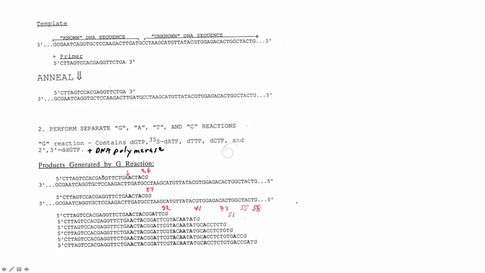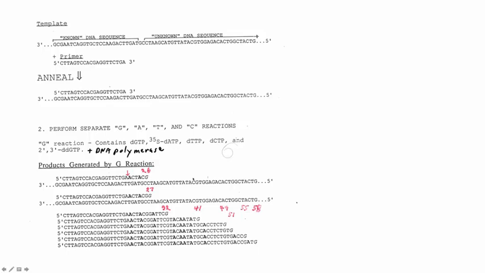This means that every time there is a C in the template strand, you're going to have a certain possibility of adding a dideoxy G. But remember, there's also some regular GTP in there as well. So maybe 1% of the time you add a dideoxy G in this position, and that's not going to allow anything else to be added on after that.